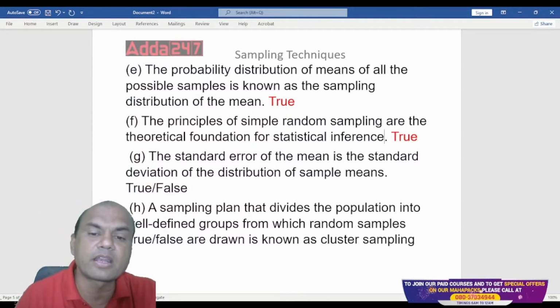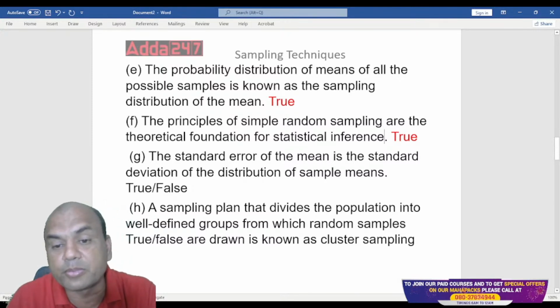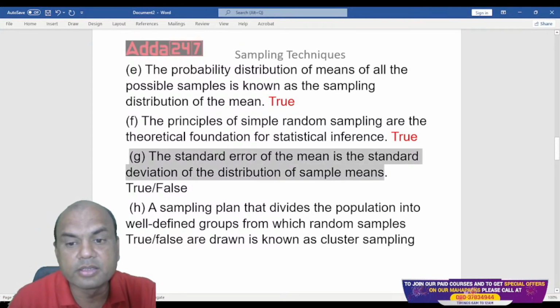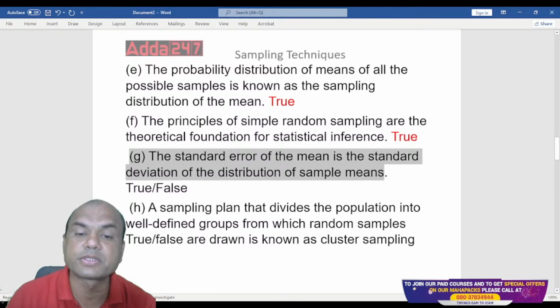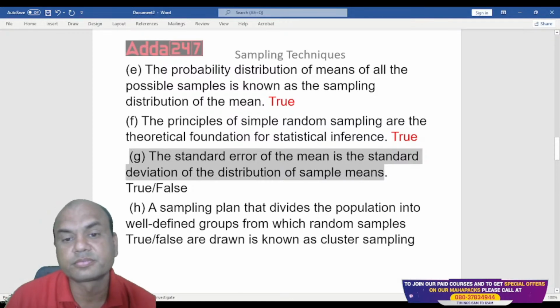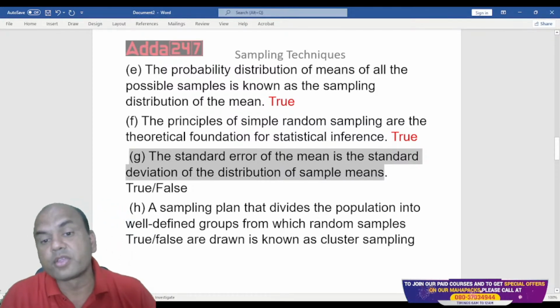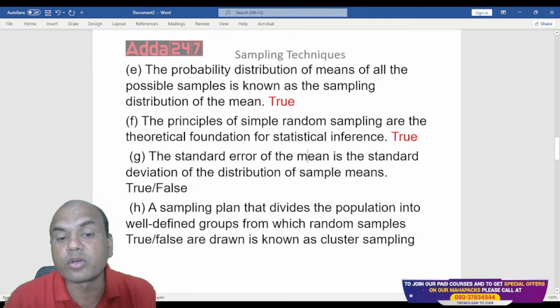Next one. The standard error of the mean is the standard deviation of the distribution of the sample means. Is this true or false? Here we are talking of the mean. Remember one simple logic: for a population, we always use the word standard deviation, and for samples, we always use the word standard error. So the standard error of the mean is the standard deviation of the distribution of the sample means.